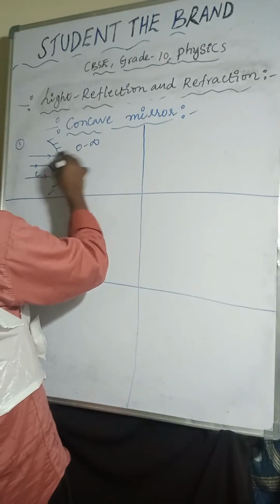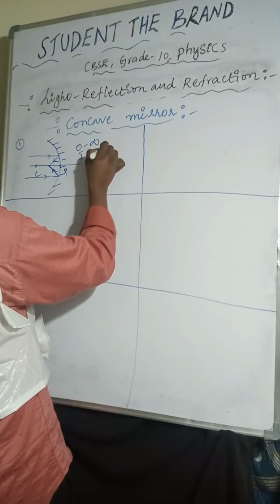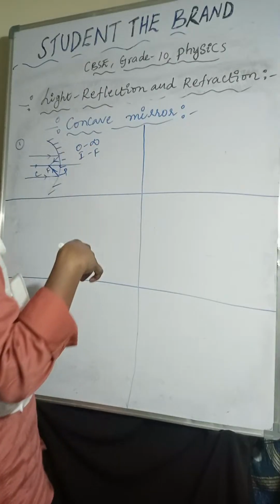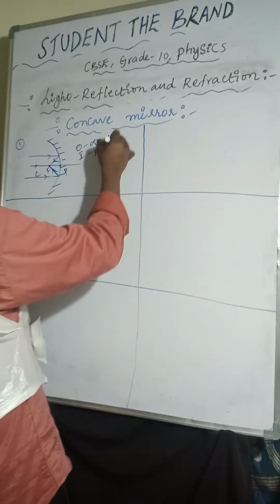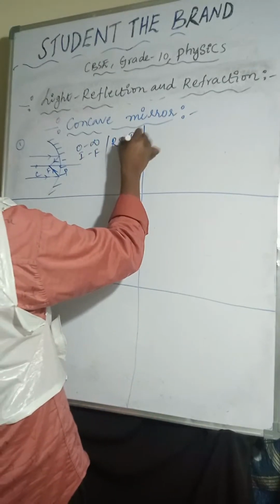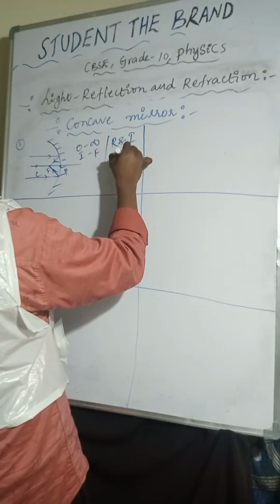Object is at infinity, image is forming at the focus. Nature of the image is real and inverted, and highly diminished.